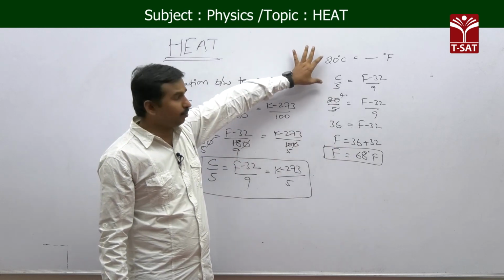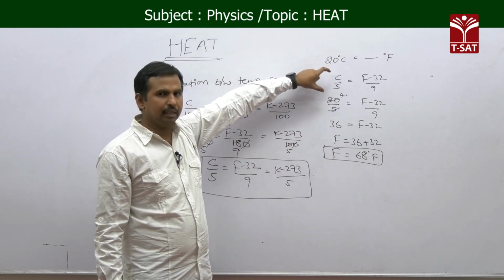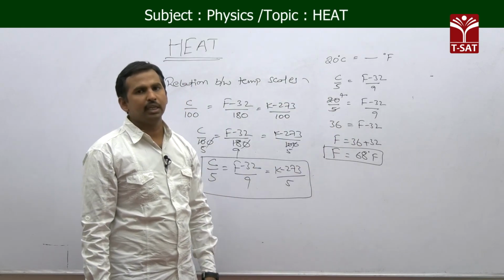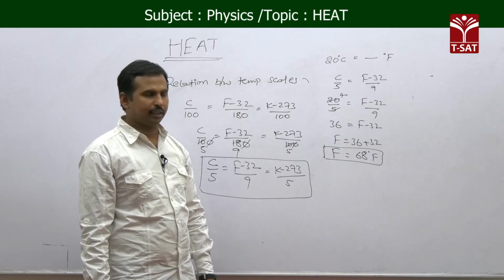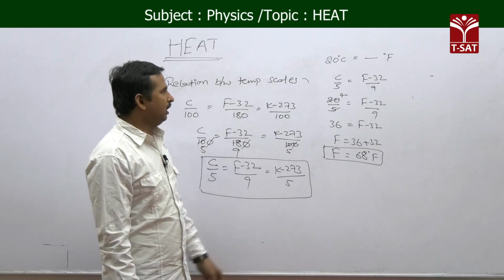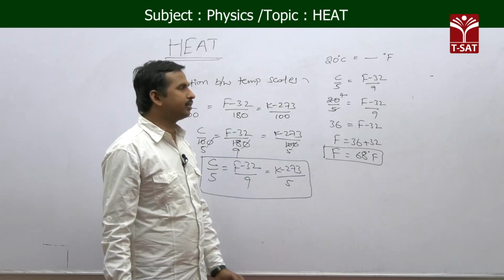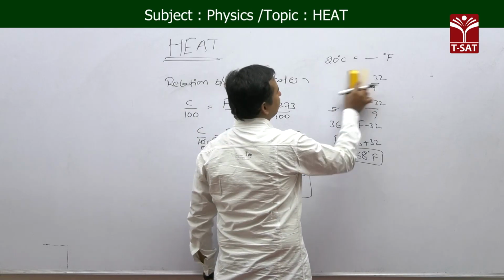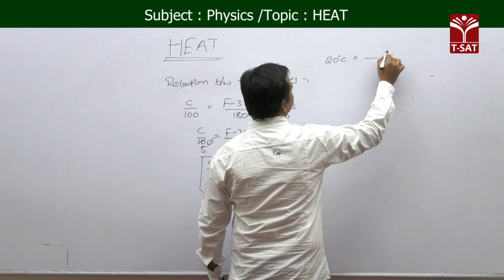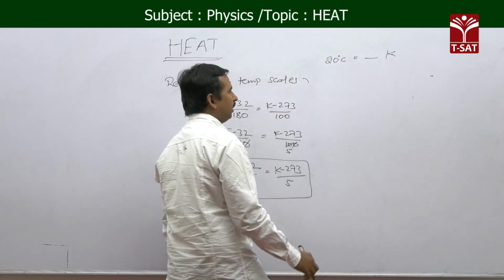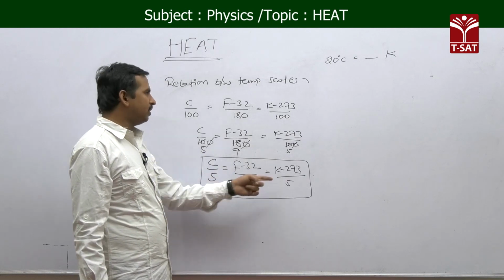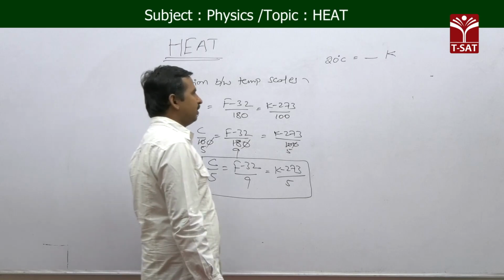So if you are raising the temperature to 20 degrees Celsius, on the Fahrenheit scale it is 68 Fahrenheit. In the same way, if we want to convert 20 degrees Celsius into Kelvin, we use C and K: C by 5 is equal to K minus 273 by 5.